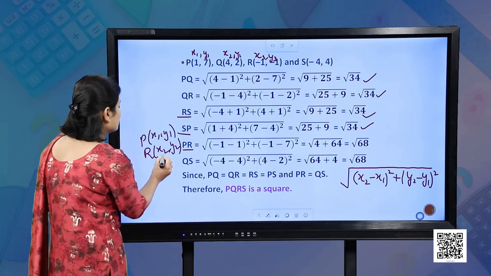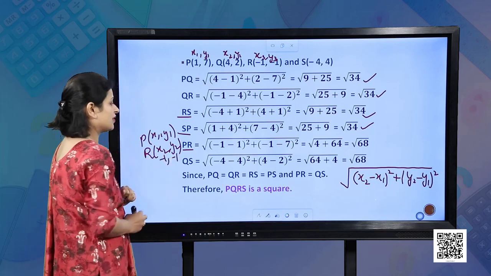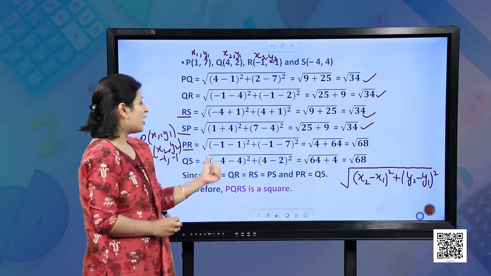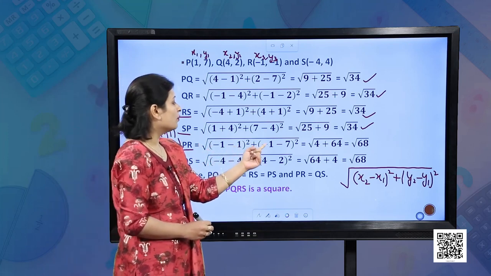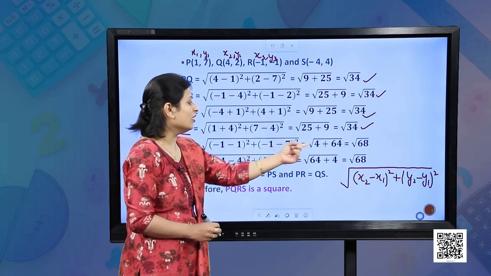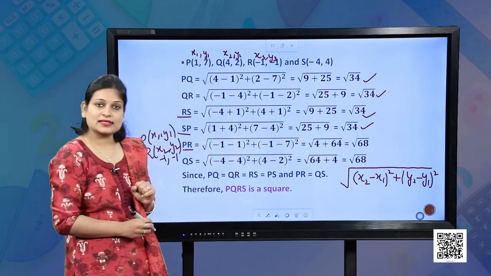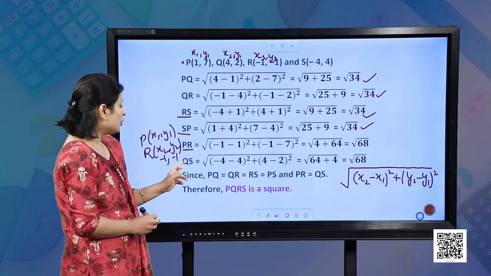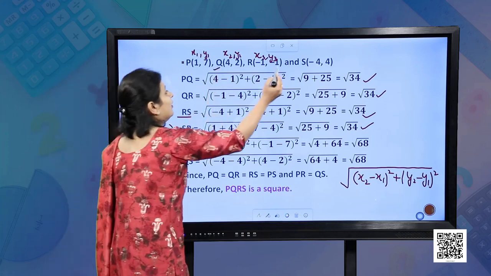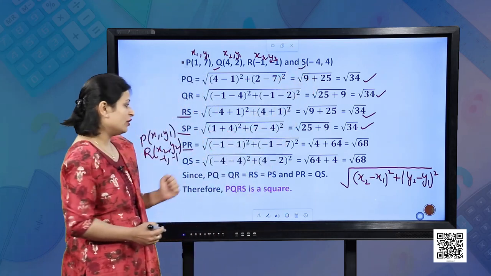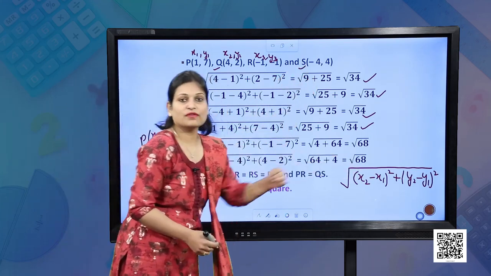So x2 is minus 1, y2 is minus 1. So PR will be square root of minus 1 minus 1 whole square plus minus 1 minus 7 whole square. You will get square root 68. For QS, again consider Q and S, substitute the values, you will get square root of 68.